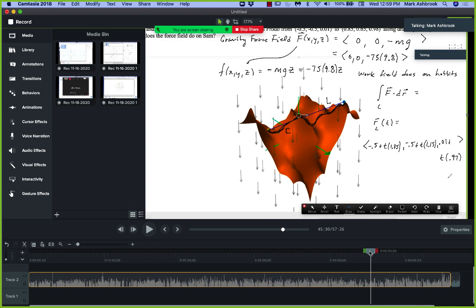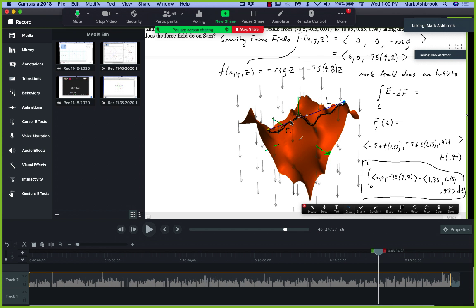We did our linear segment from one point to another, and then we set up the line integral, which would be the vector field F, or 0, 0, negative 75 times 9.8 dot dr. And so dr was the individual rates of change of each component of the r function, dt, and we came up with that for the line integral. And this would be the amount of work that the field does on Sam and Frodo as they walk.